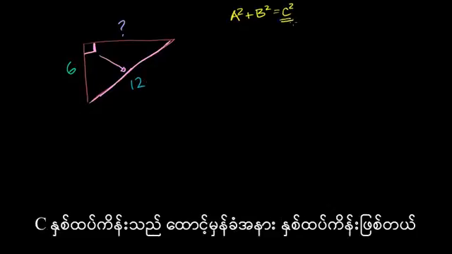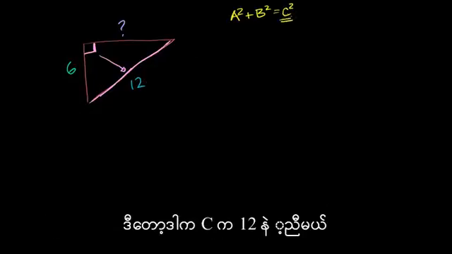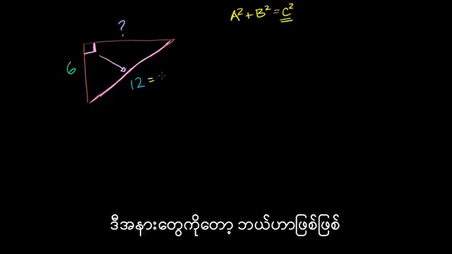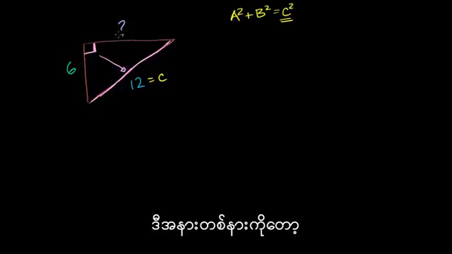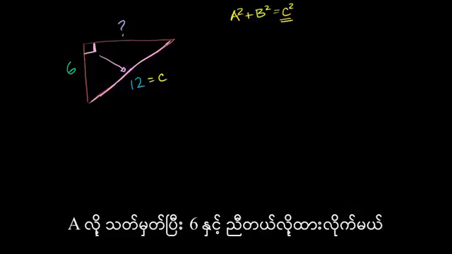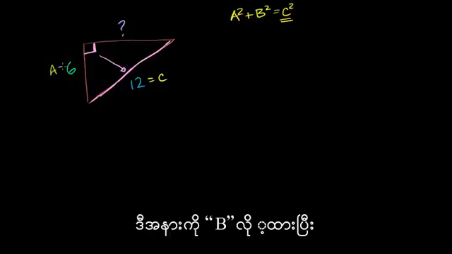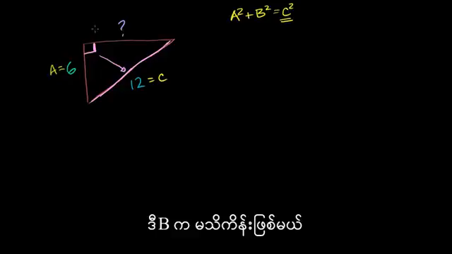This is the hypotenuse. The c squared is the hypotenuse squared. So you could say 12 is equal to c. And then we could say these sides, it doesn't matter whether you call one of them a or one of them b. So let's just call this side right here, let's say a is equal to 6. And then we say b, this colored b, is equal to question mark.